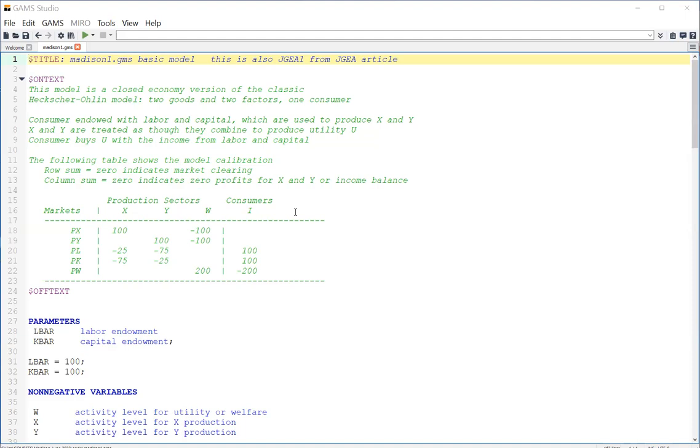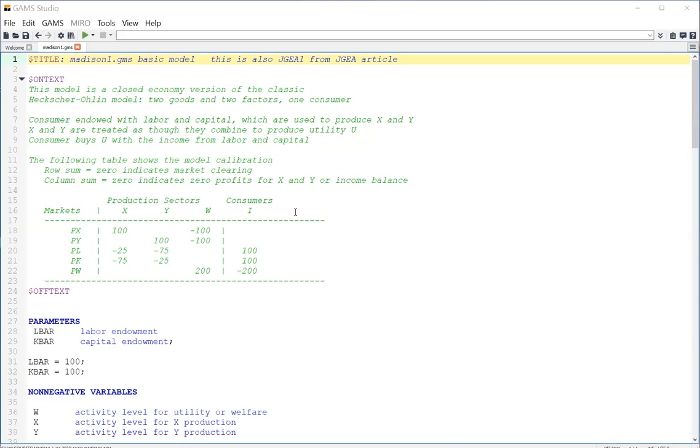There's a little comment. In GAMS, there are two ways of making comments that are ignored by the compiler. You can put a star in the first column. It has to be in the first column, otherwise it's a multiplication sign.